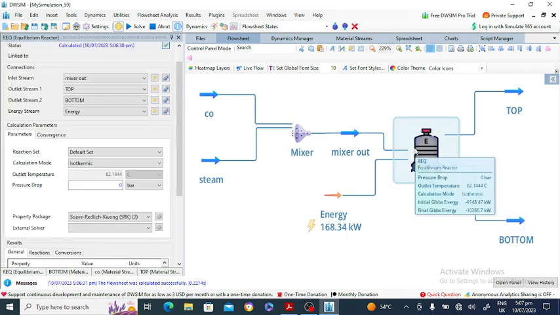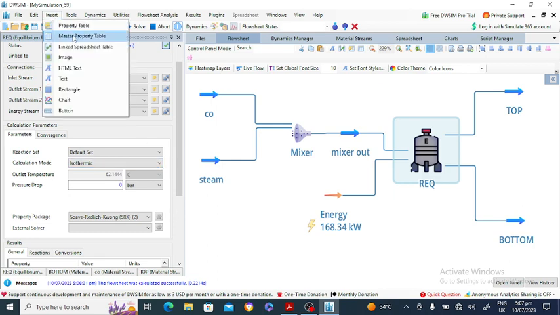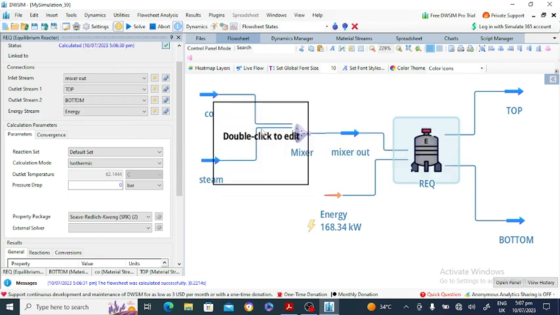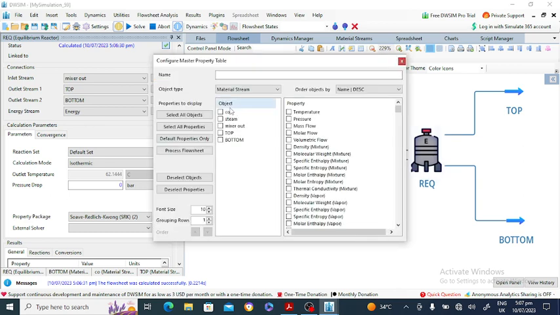Okay, so this is for the isothermal. You can also insert the property table, like the master property table. Click on this one, double click on it, and this is the C out, this is the mixer out, this is the top, bottom, this is carbon monoxide, the temperature, pressure, mass flow rate, molar flow rate.